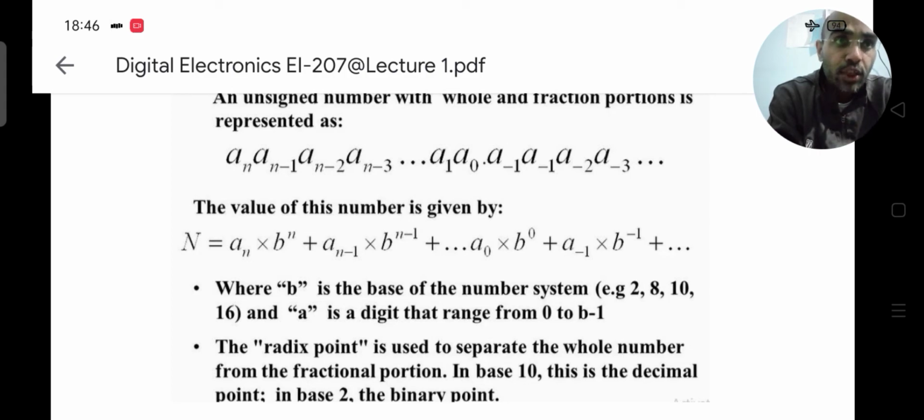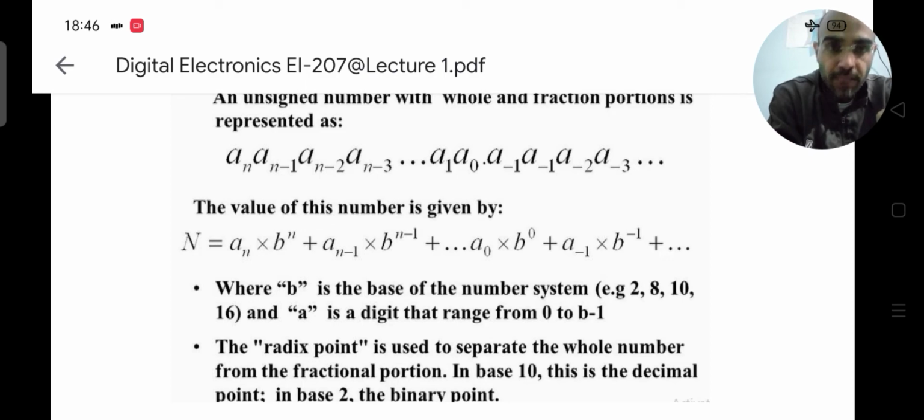Then to get the overall number in the decimal number system, we have to add them all up. So the number in decimal will be equal to the sum of digit into b to the power n. b is the radix of the number and n is the place value.